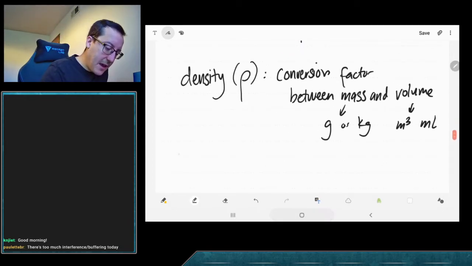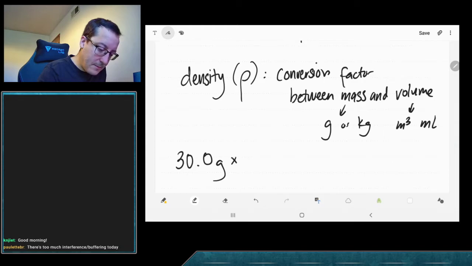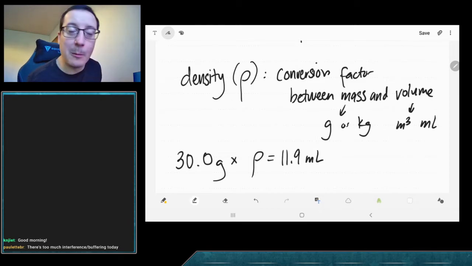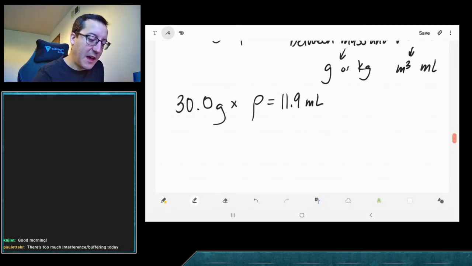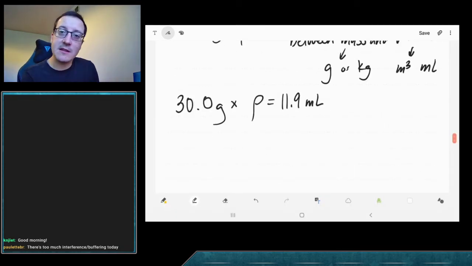It's a way of saying, okay, let's say I've got something that weighs 30 grams, and let's say it was 11.9 milliliters. So this conversion factor is going to be able to convert units of mass into units of volume.